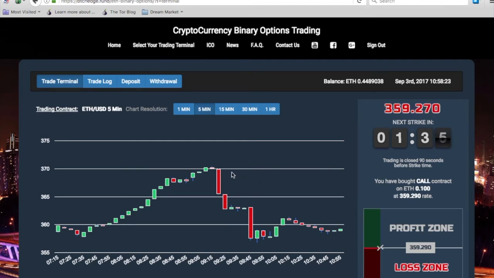So let's wait about a minute and a half and see how this will go. See, we're still in the loss zone because the price moved down a little bit and a little bit more, so I think it's time to be nervous a little bit.